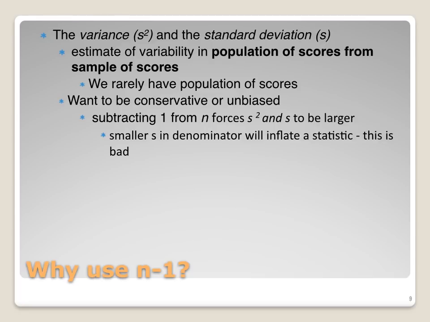So being conservative means that we're trying to overestimate, not underestimate. We're trying to say that there's more variability than less, because ultimately, when we're comparing 2 groups, we want to see how their variability differs from each other. In terms of our formula, subtracting 1 from n leads to an artificially large estimate of the standard deviation, meaning we're more conservative.